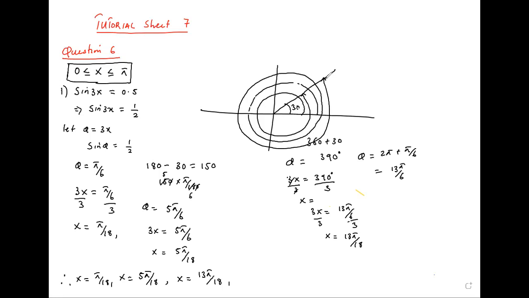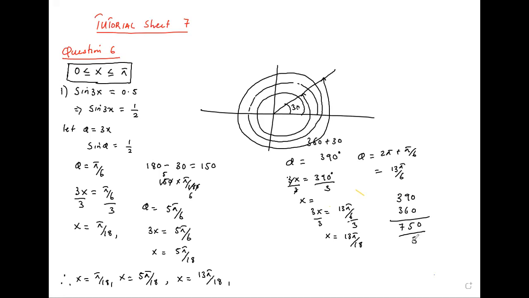Meaning we now add 390 plus 360, and you get 750.